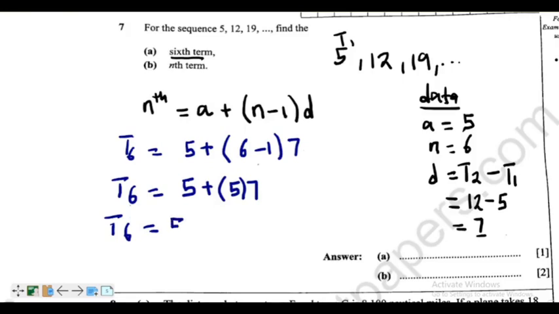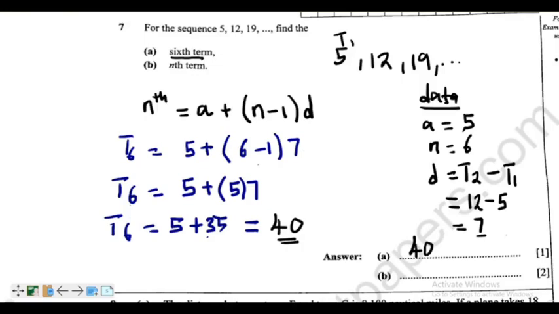So we write a 5, then plus 5 times 7 will get a 35. And definitely when we add here, we say 5 plus 35, this will give us a what? A 40. So the 6th term is what? 40 right here. This is our answer.